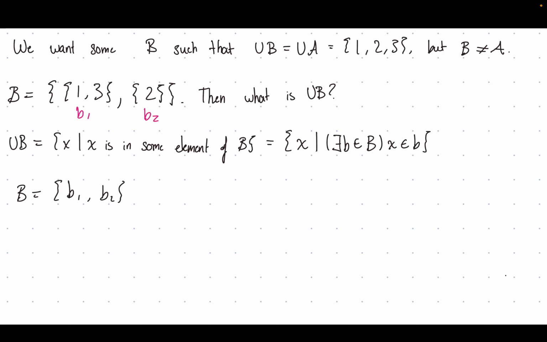Hope this is not too confusing so far. And then what do we want? We want every x contained within one of these little b's. So UB is equal to whatever's in B1, so 1, 3, and then whatever's in B2, so 2.